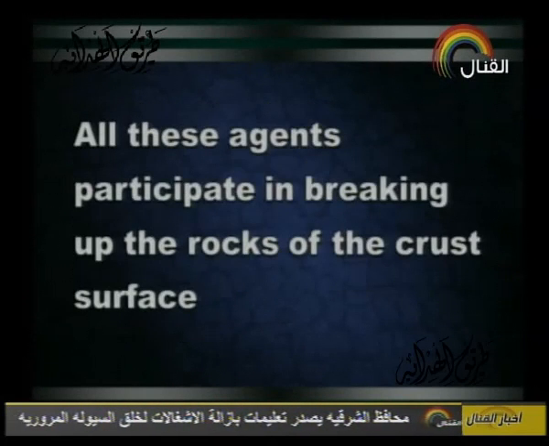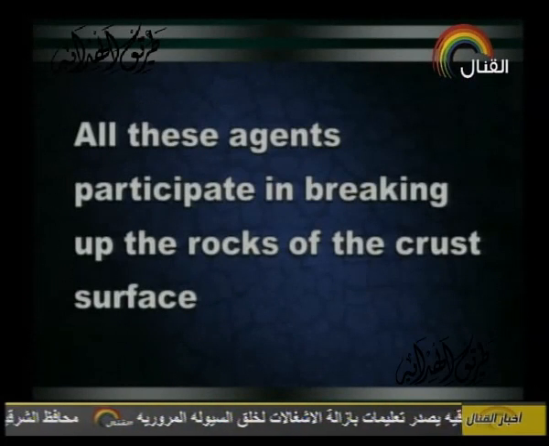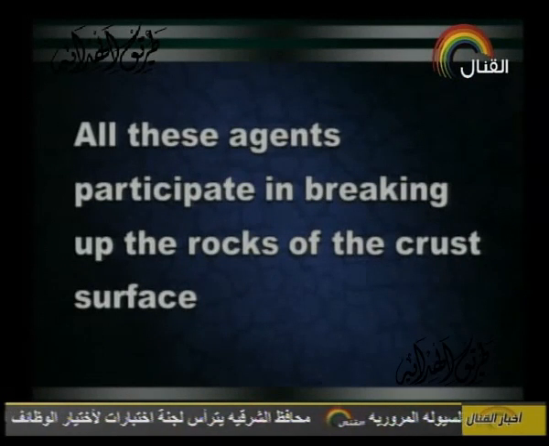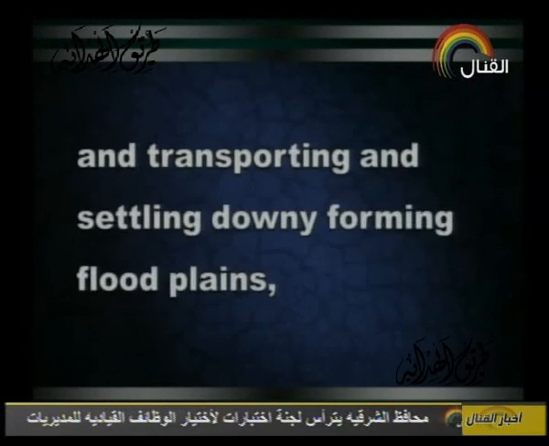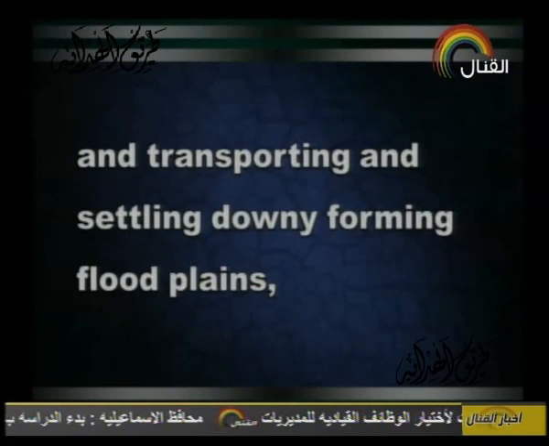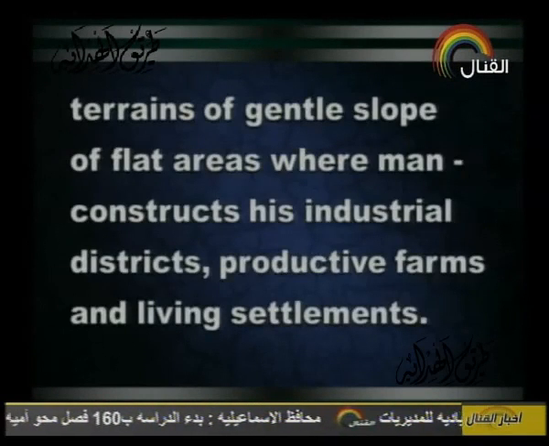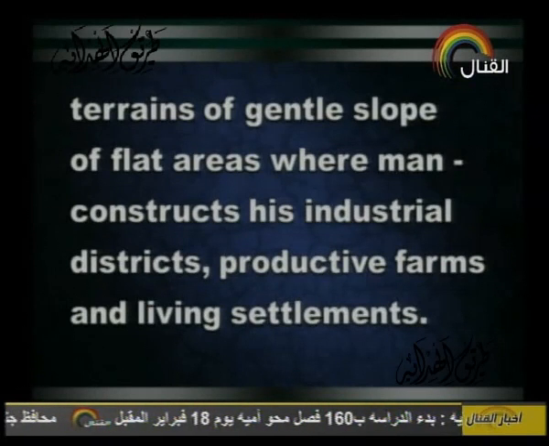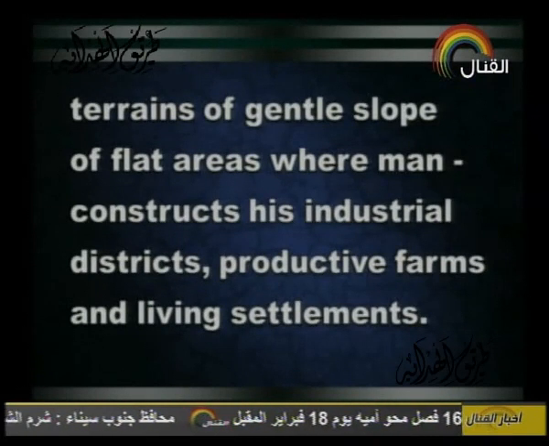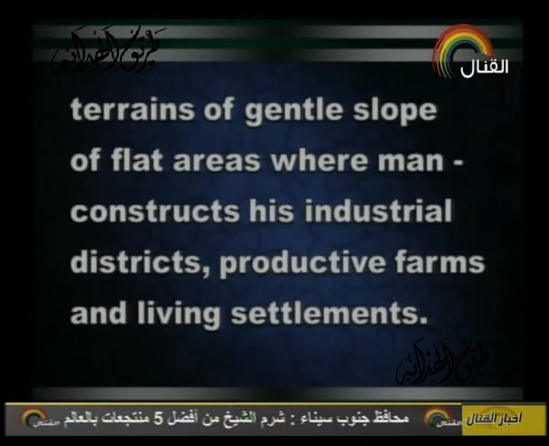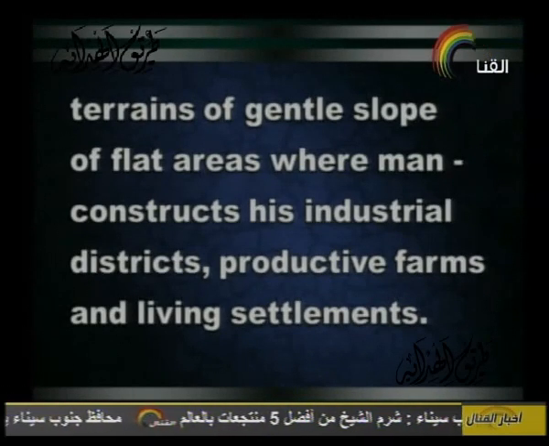All the agents participate in breaking up the rocks of the crust surface and transporting and settling them down, forming floodplains, terrains of gentle slope and flat areas where man constructed his industrial districts, productive farms, and living settlements.